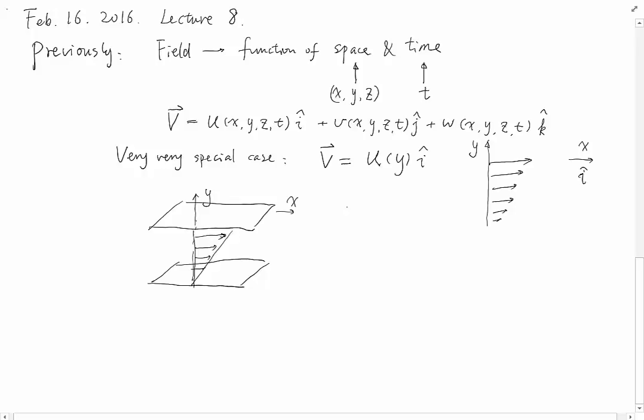And we call this unidirectional flow. And in this unidirectional flow, the velocity only has one component, and this velocity is dependent on y.